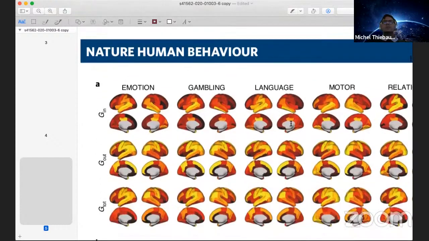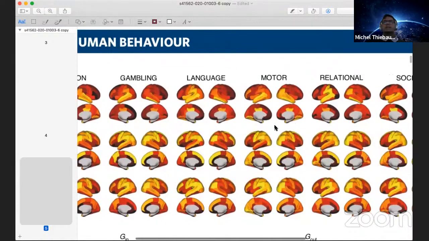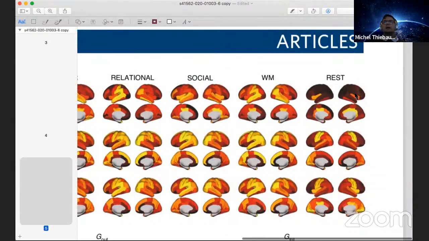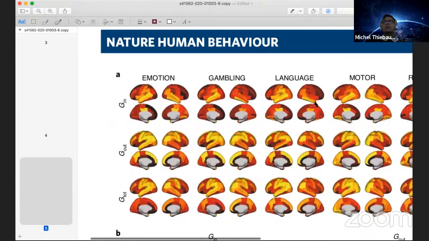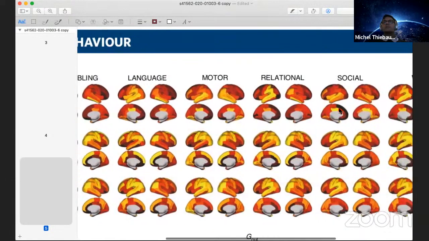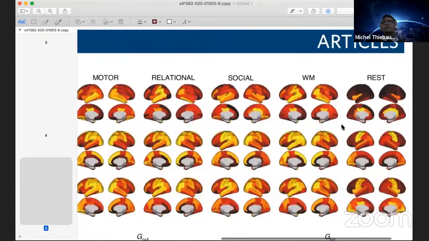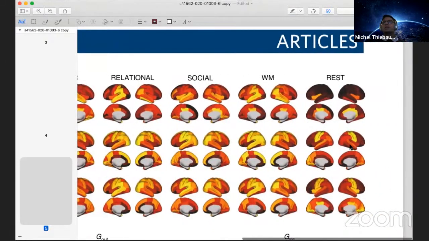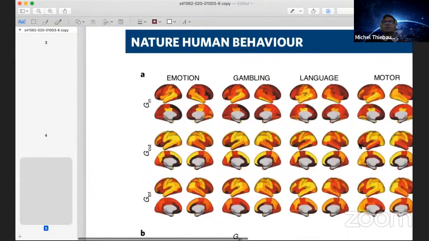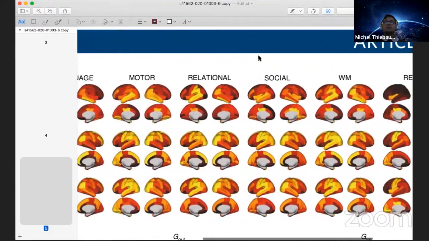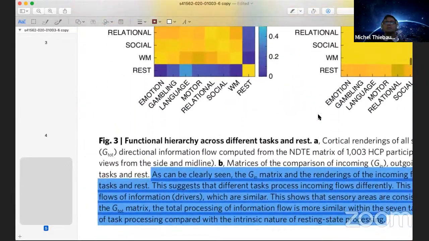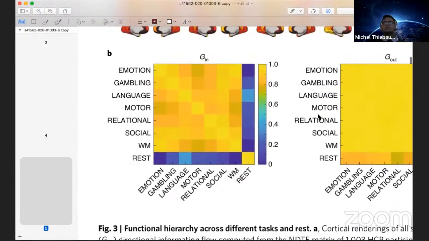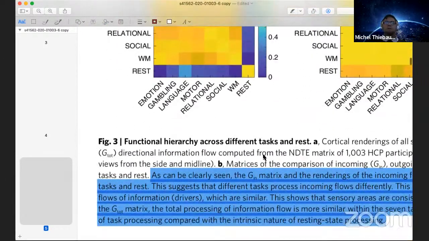And what they're able to show here essentially is that compared to the resting condition, the profile of information coming in changes a lot, while the profile of information coming out doesn't change that much compared to how much the profile of information coming in does. And this is information that can give us some idea of how the brain works.